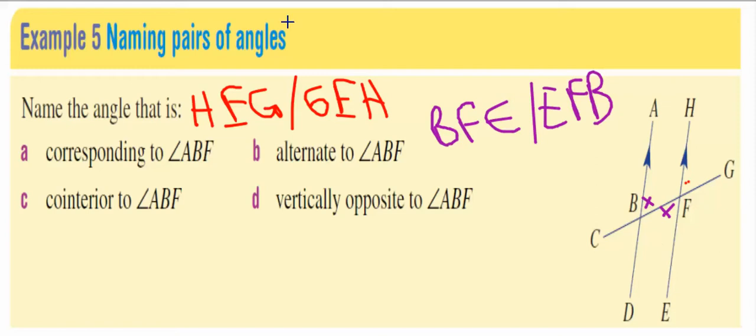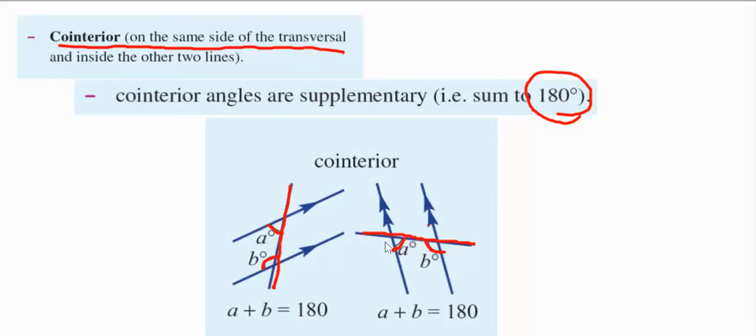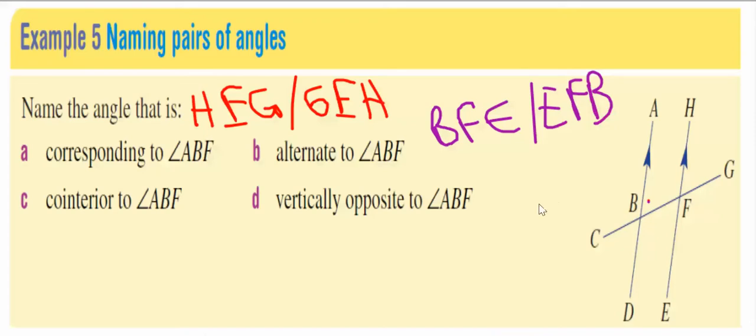All right, just want to get rid of these. Bear with me again for a minute. All right. Next one, co-interior. So remember, co-interior are on the same side of the transversal and inside of the two parallel lines. So inside the parallel lines, same side of transversal, so there's our original angle. So our co-interior must also be in here as well. So that's our co-interior, and they add up to, hopefully you've all yelled out, 180.